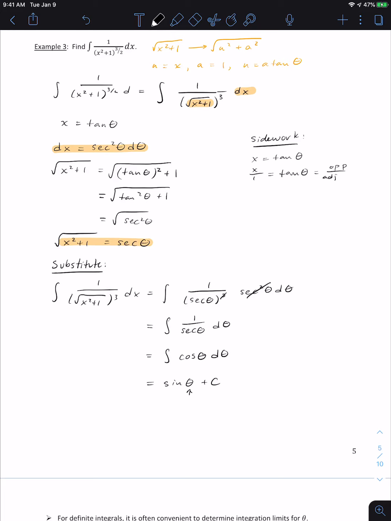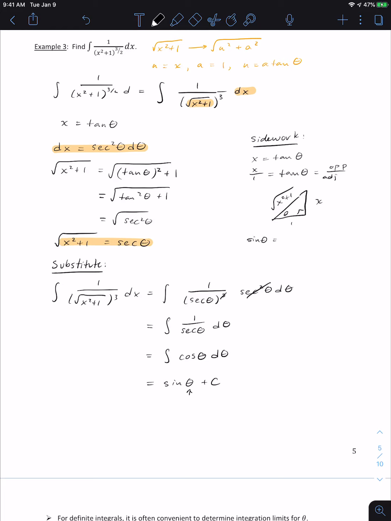So our triangle here looks like theta. Opposite is going to be x, adjacent is going to be 1, so the hypotenuse is going to be the square root of x squared plus 1. If I breeze through that too fast, how I got that square root of x squared plus 1 to be the hypotenuse, just do the Pythagorean theorem with x and 1. So what do we need? We need sine theta.